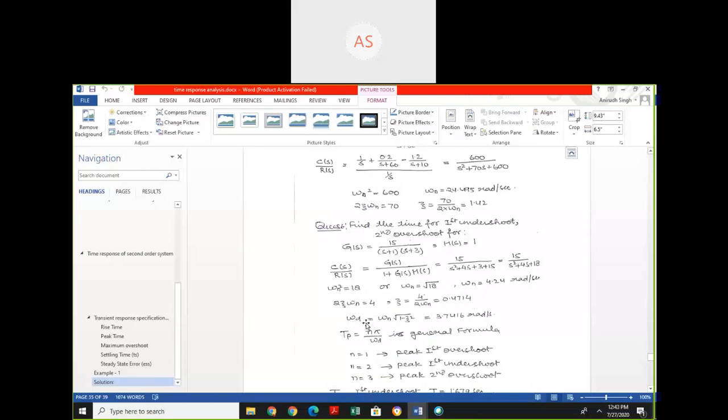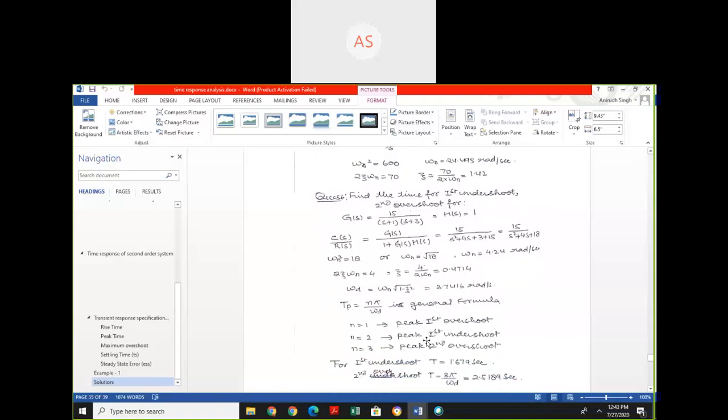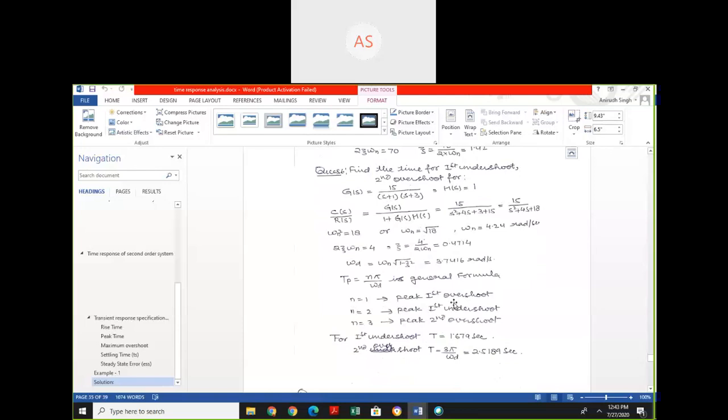Then calculate the value of omega d. Omega d is equal to omega n under root 1 minus zeta square, and then calculate the value of Tp. Tp is given by n pi by omega d. This is the general formula. When n is 1, it is the first overshoot. If suppose this is first, so this is first overshoot and this is second overshoot.